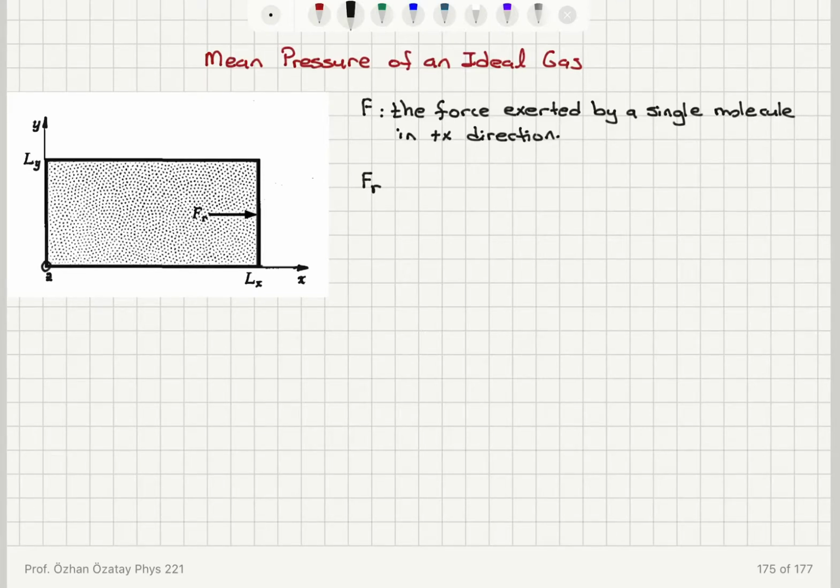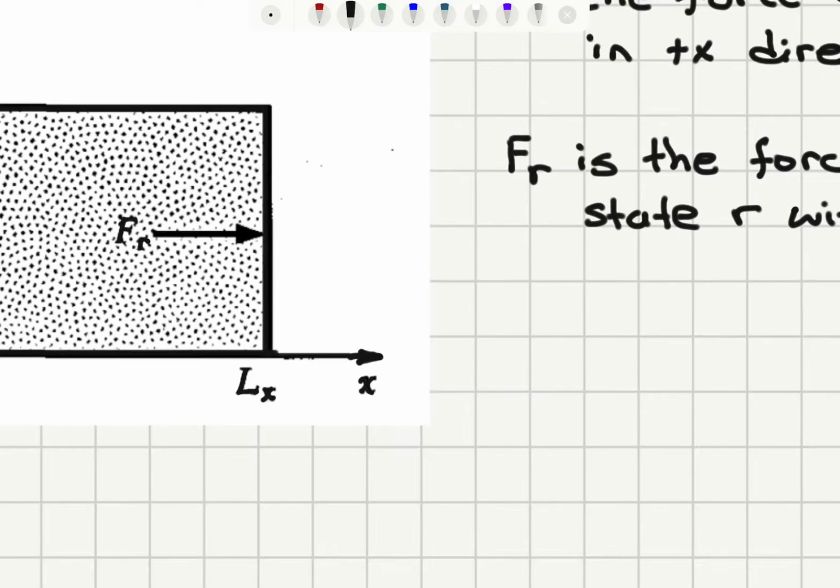So epsilon r, F sub r is once again the force, the value of F when the molecule is in state R with energy epsilon r. Okay?